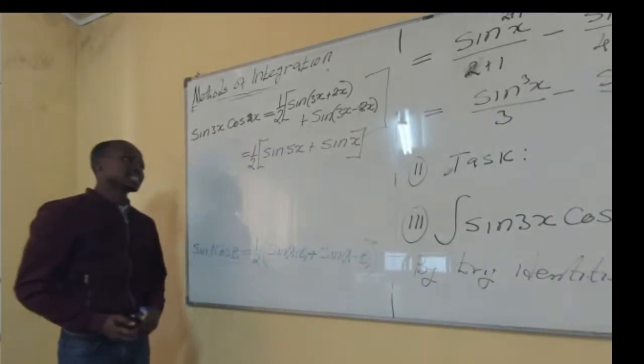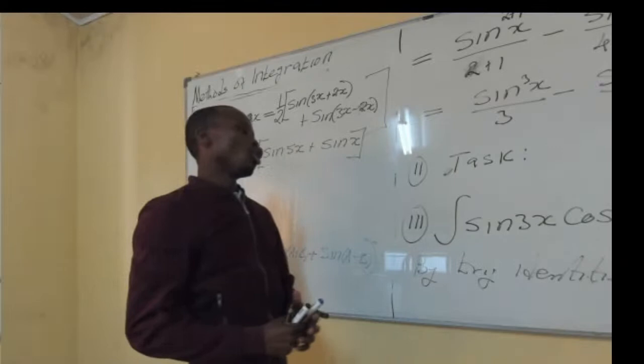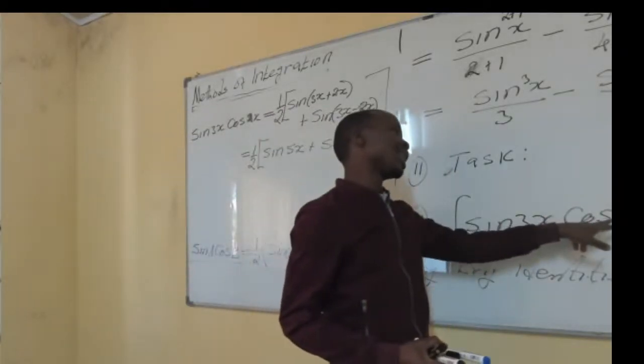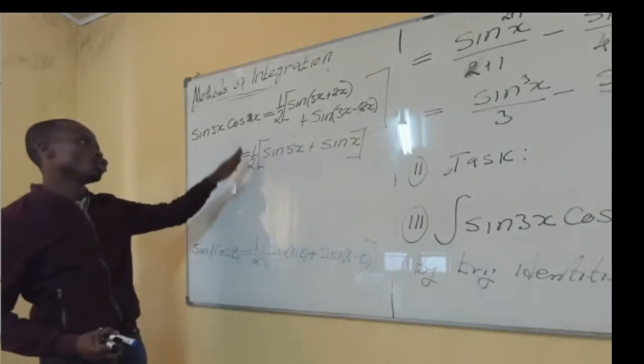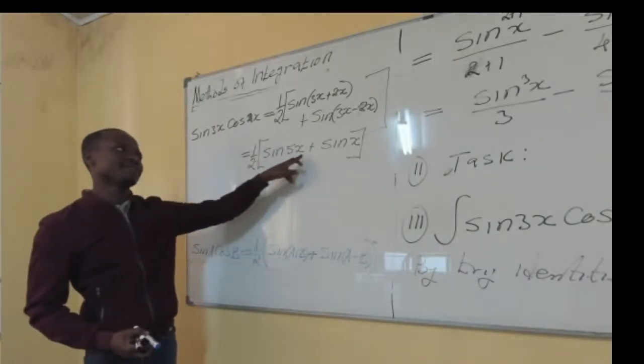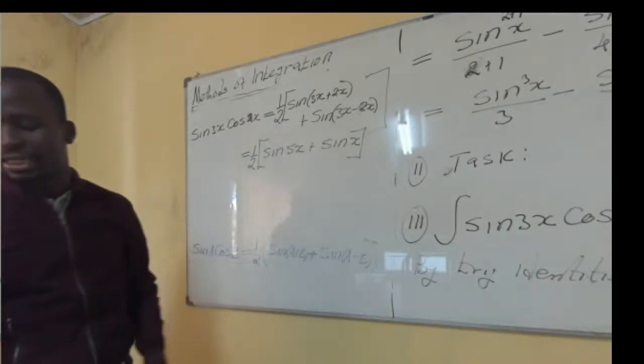This means the integral of sine 3x times cosine 2x with respect to x is the same as the integral of 1 over 2 sine 5x plus sine x.